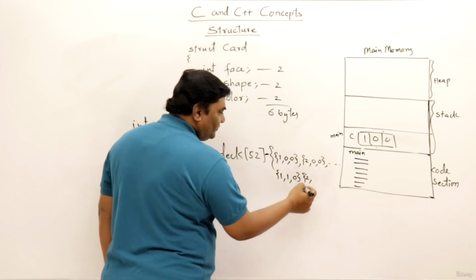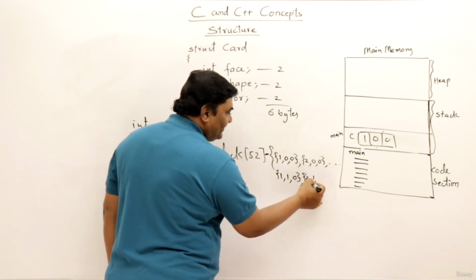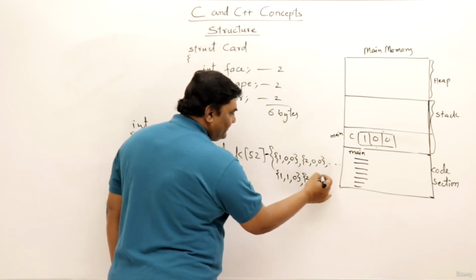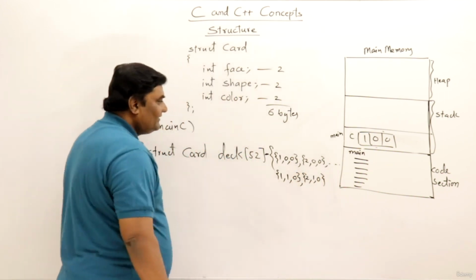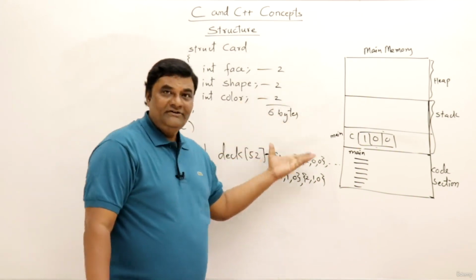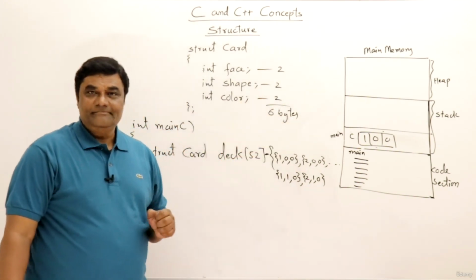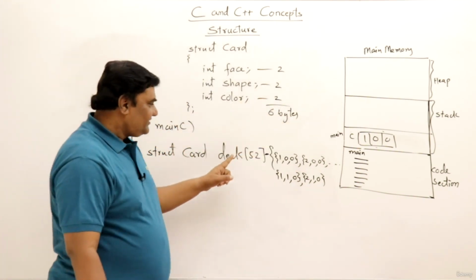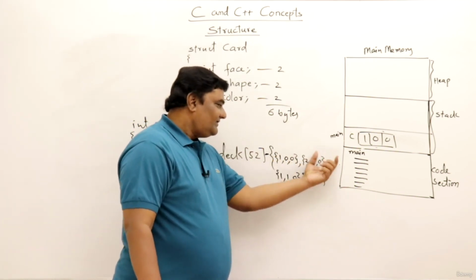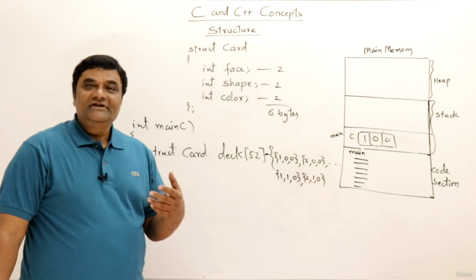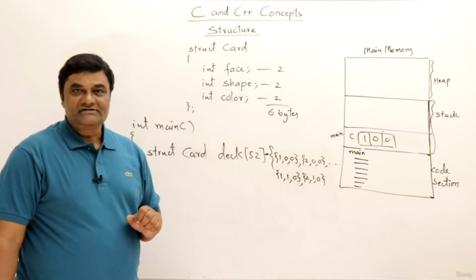Then card value is 2 and it is a spade, so next color is 0. So this is face value, this is shape and this is color. Like this, I can fill up all 52 cards if I want to initialize them. So we can initialize an array of structures like this. This is the first structure, then second structure, then so on.